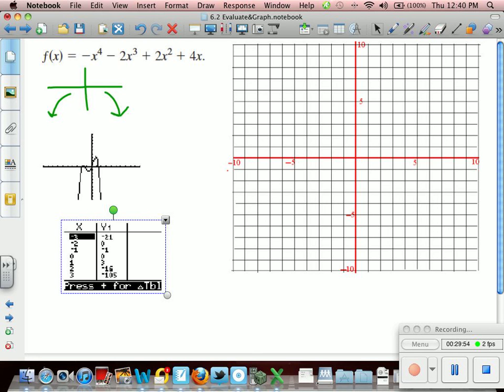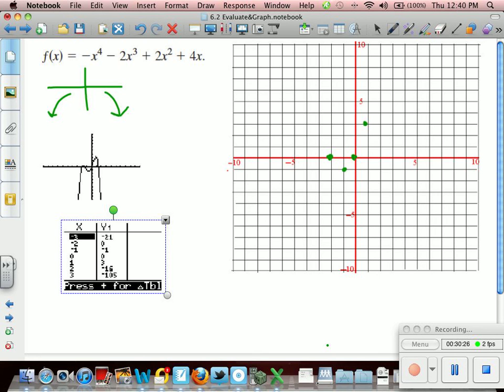And then I'm at -2, 0. Now, -3, -21 goes way down here, so I just know that it's going in that vicinity. -1, -1, 0, 0, 1, 3, and 2 at -16.